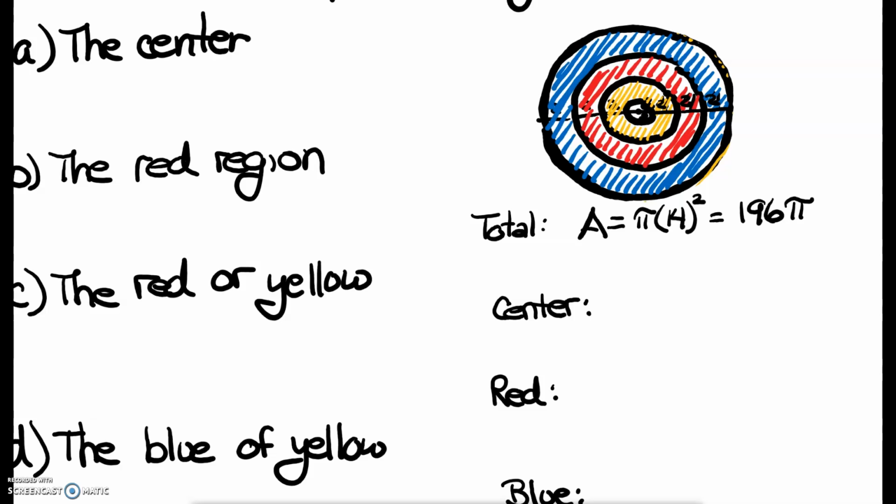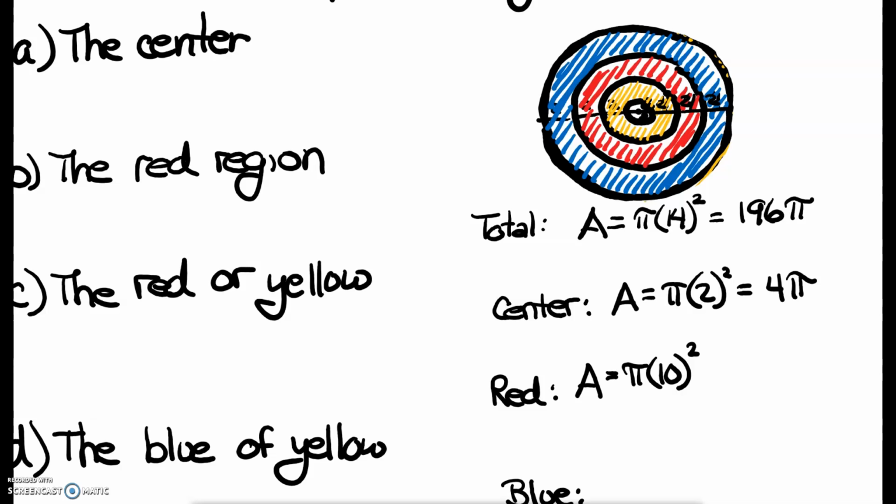The area of the center ring has a radius of 2 because the diameter is 4. So the area of just the center is pi times 2 squared, so it's going to be 4 pi. But the red ring does not include the yellow or the center. The red ring has a radius of, let's see, 4, 8, and 2 is 10. Pi times 10 squared, but we have to subtract the yellow and the white, the center.